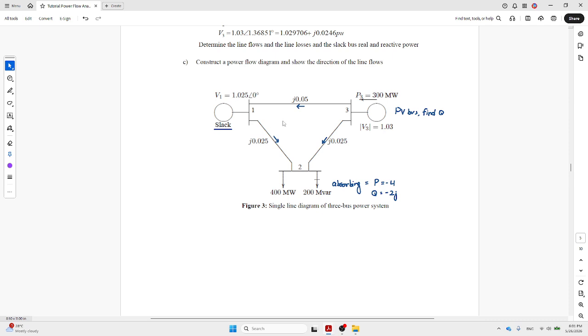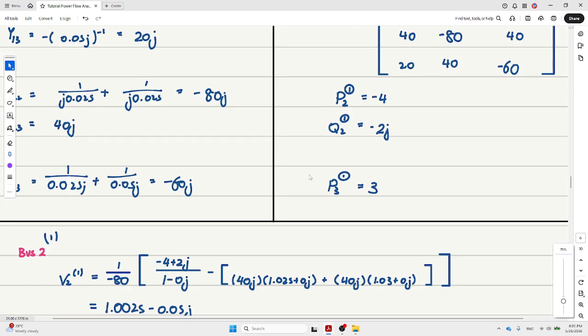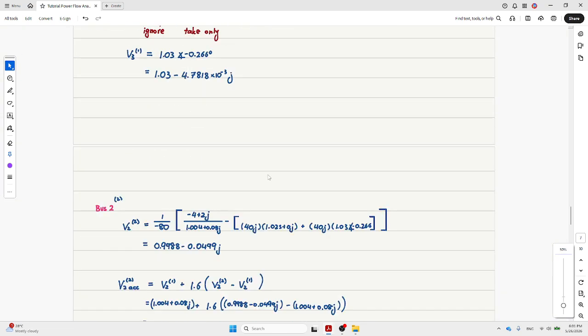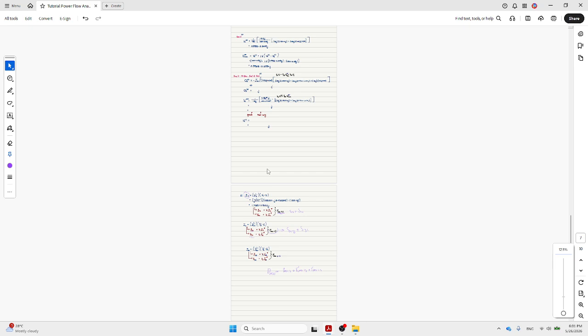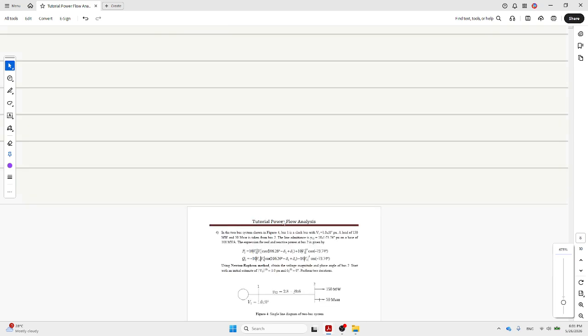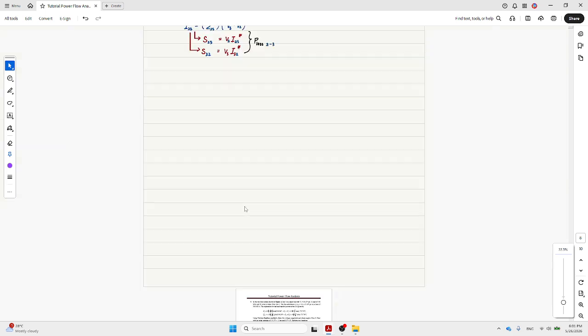This is not an important one, but you can see how the P is going out from which way. As you can see, the P is going out from this way, and of course it's going to this way. For this one is coming, of course it's sending out to this way. I think there is some, yep, okay.